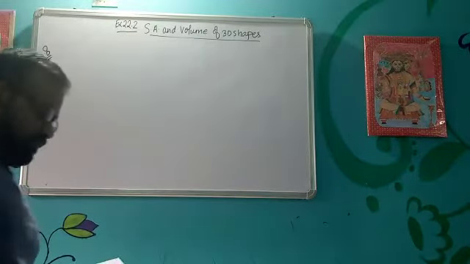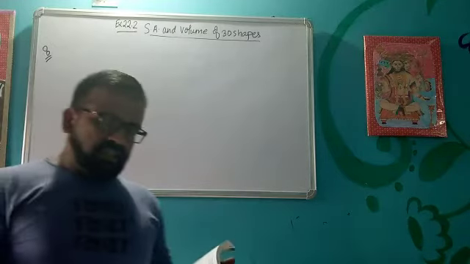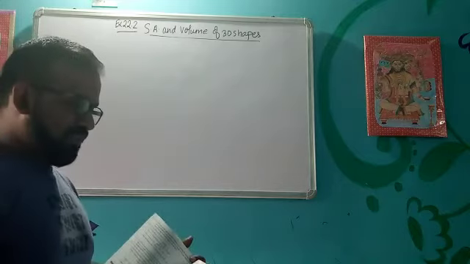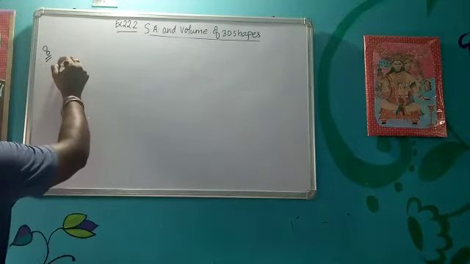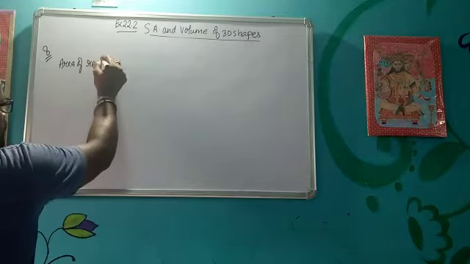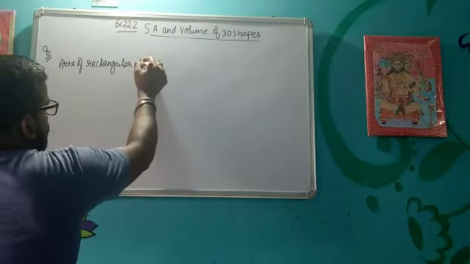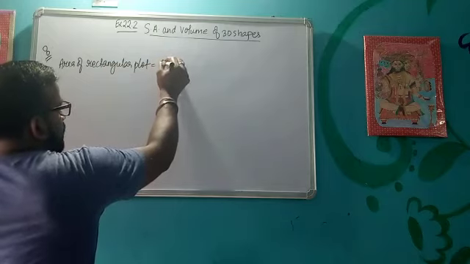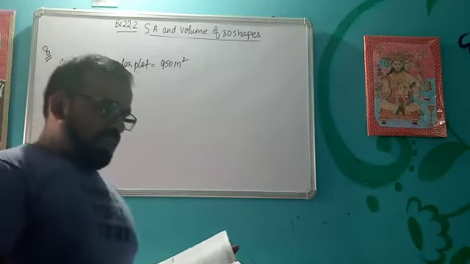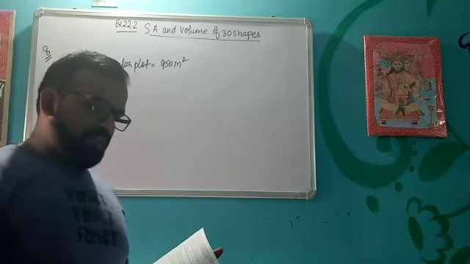Okay. Now in question number 8, it is given that a house is built on a rectangular plot of area 950 meters square. So what we know, the area of the rectangular plot is 950 meters square. Okay, the house covers an area of 140 meters square.